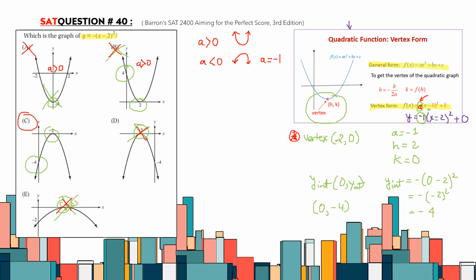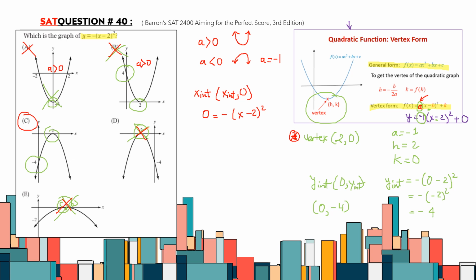And in another case, we can also find the x-intercept. The x-intercept is the x value, comma, 0, when y equals 0. So you have to plug in 0 for y and solve for x.